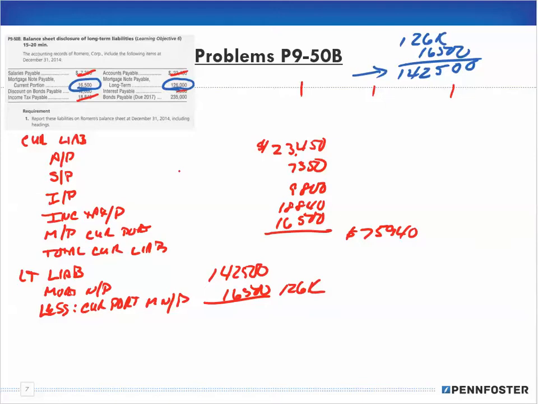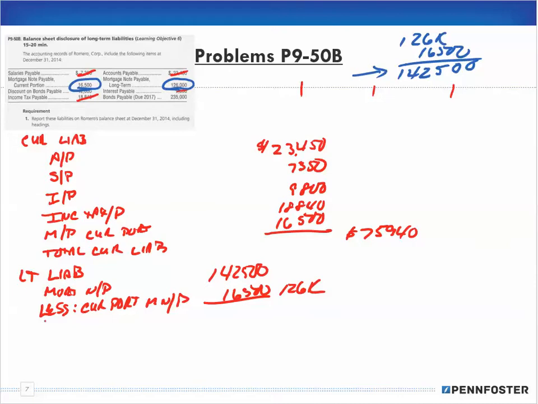But like I said, for analysis purposes, anybody else who's looking at the financial statements would have to go back and they're going to be wondering, okay, this is 126,000. I have to find the 16,500, add them together in order to be able to figure out the 142.5, right? Well, it should already be presented on the financial statement.